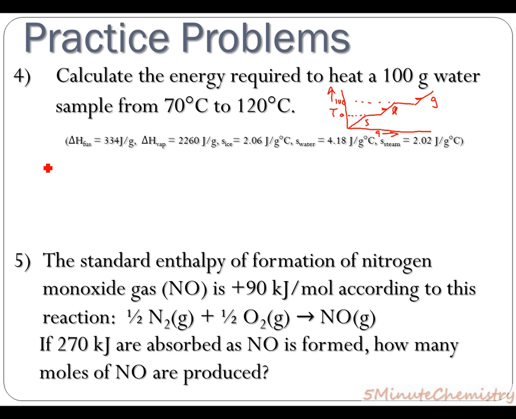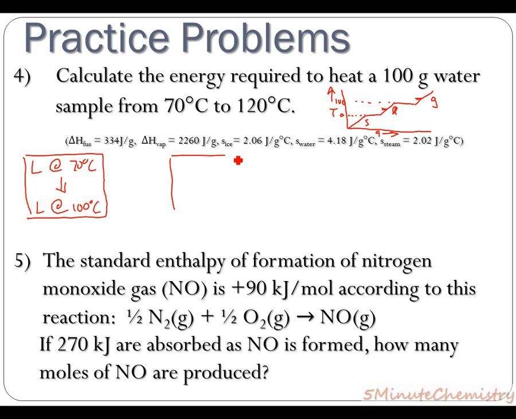The first thing is we have a sample that begins as a liquid. So I'm going to draw a box to help me organize this info. It is a liquid at 70 degrees C, and it's going to be a liquid at 100 degrees C, where it's going to start to phase change.